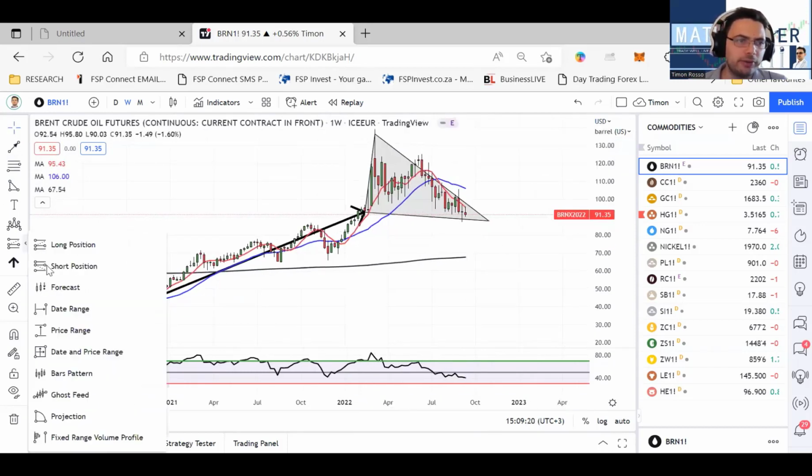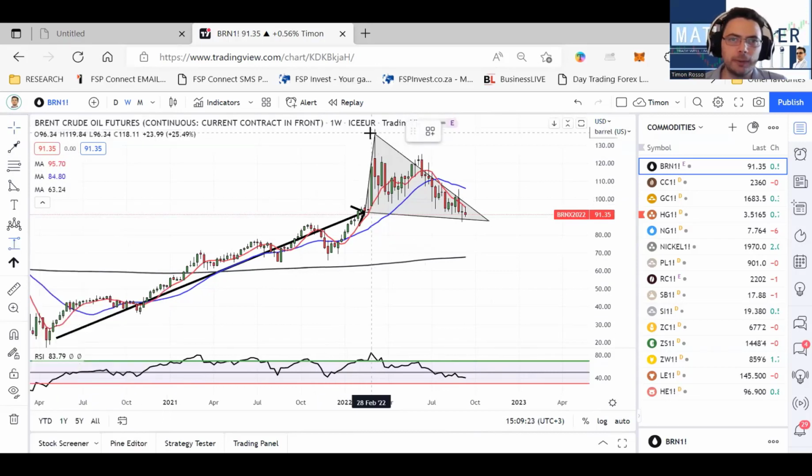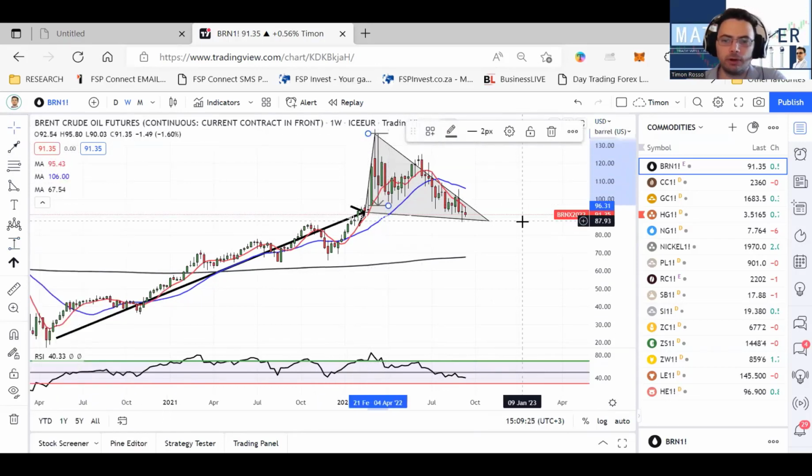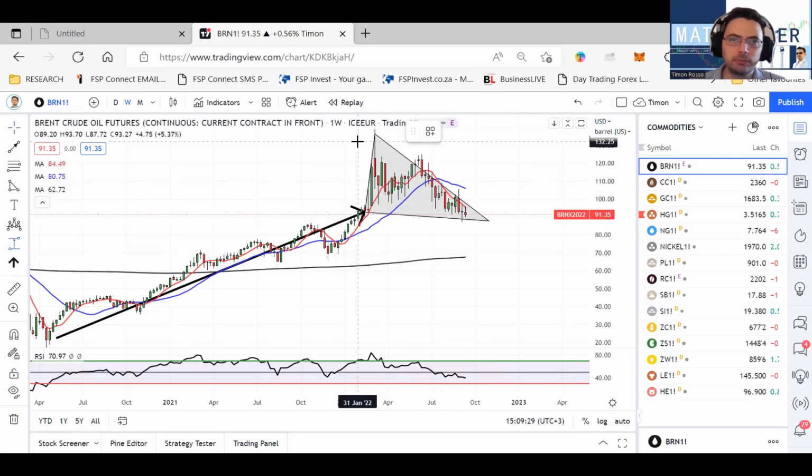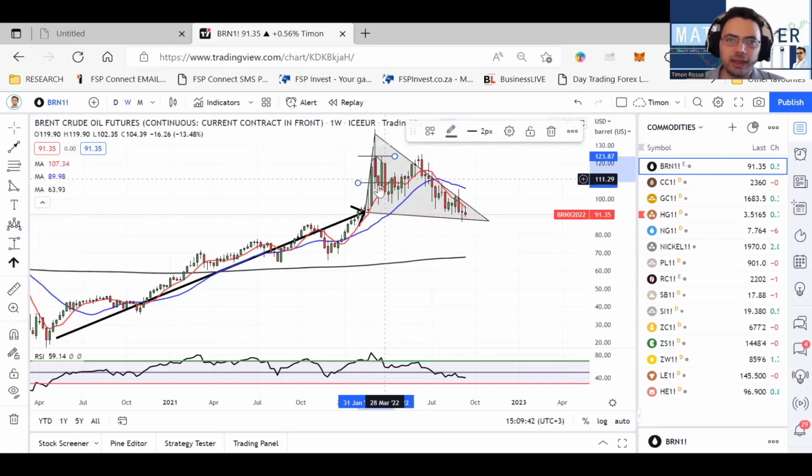And so what I do is I take the price range. You can choose between the highest high of the wick or the top of the wick. Let's just use the top of the candle instead of the entire wick.